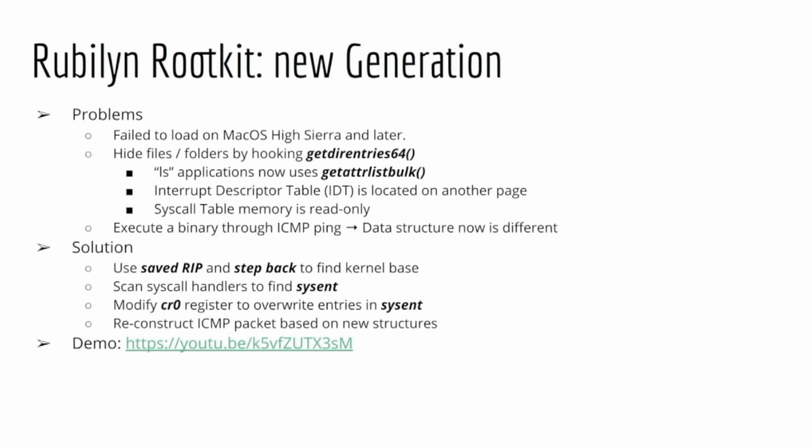So to upgrade this rootkit, I use the saved RIP from the initial function and step back to find the kernel base. Then I scan all the memory to find the sequence of syscall handlers to determine the syscall table. Moreover, I modify the CR0 register to override entries in the syscall table.